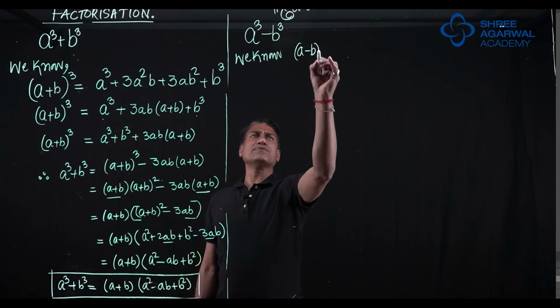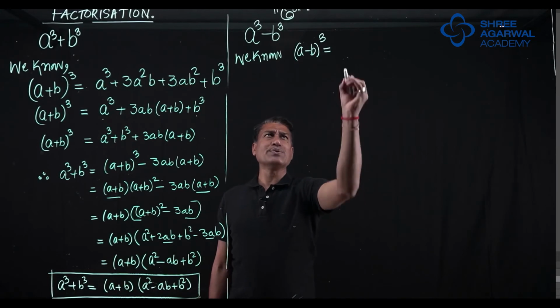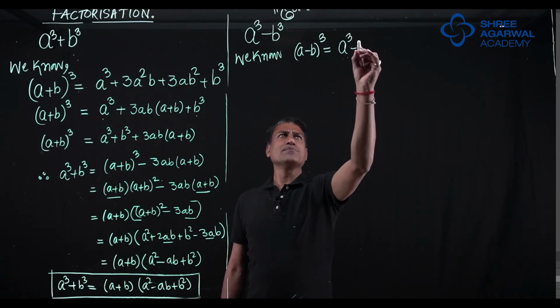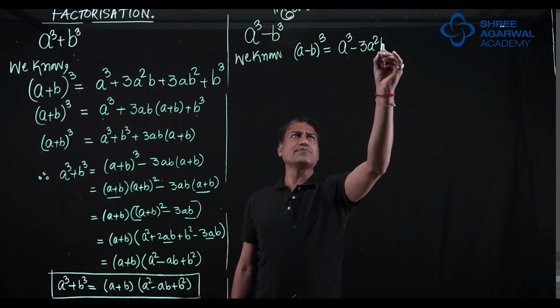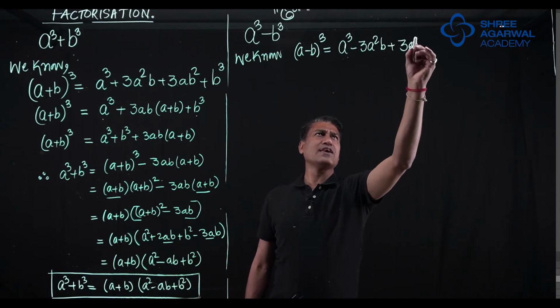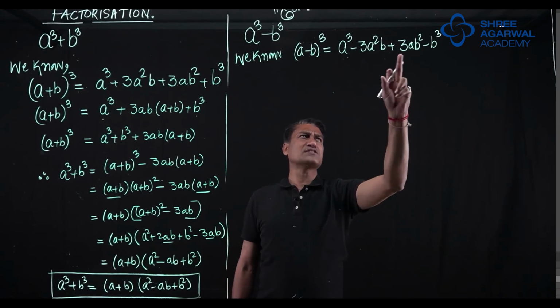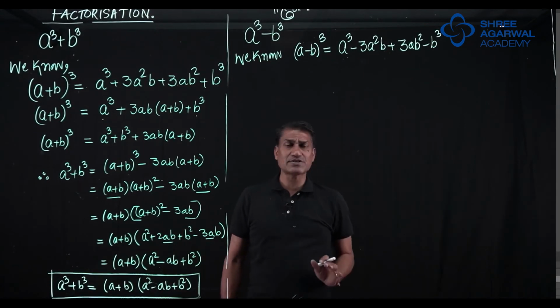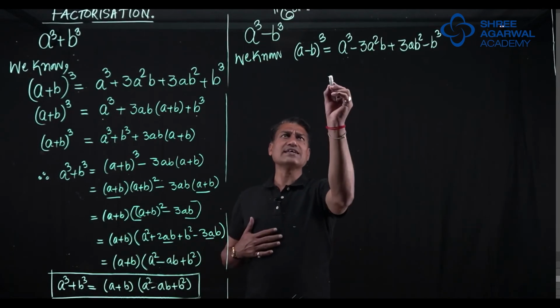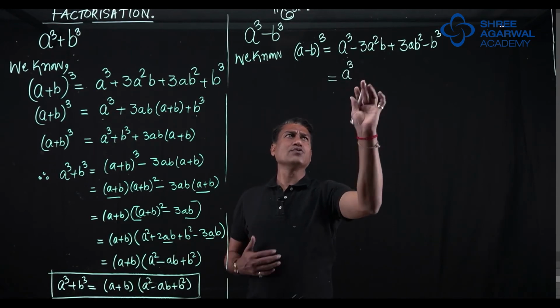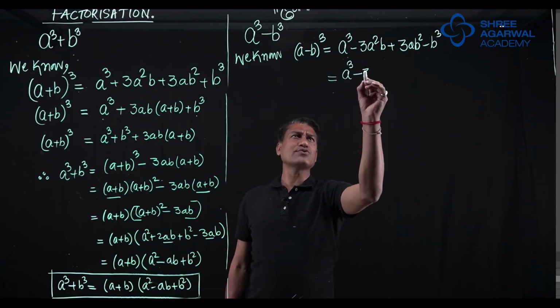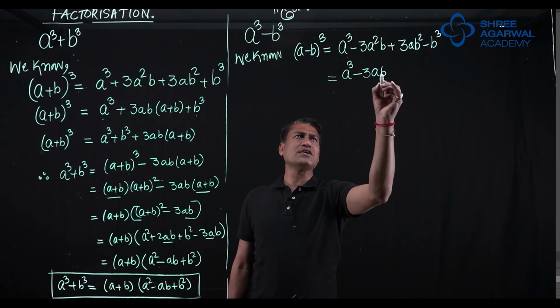a minus b bracket cube equal to a cube minus 3a square b plus 3ab square minus b cube, plus minus plus minus. You know this expansion. And now we will write it in the compact form: a cube. From these two terms we are going to take minus 3ab common.